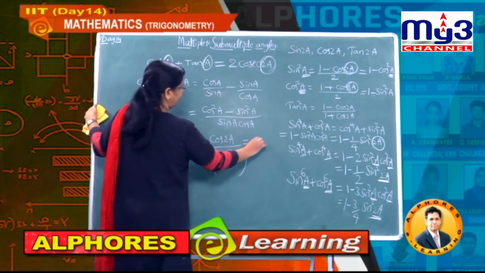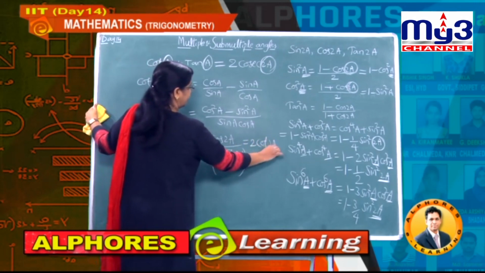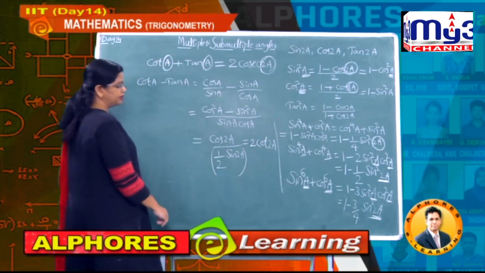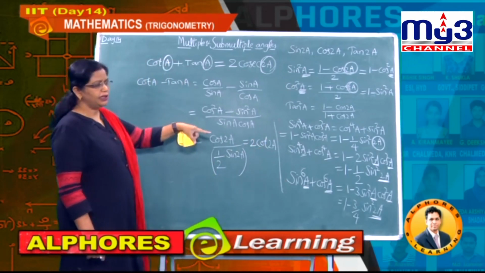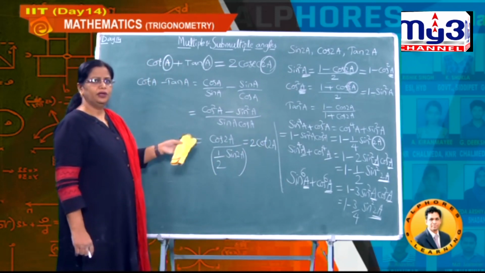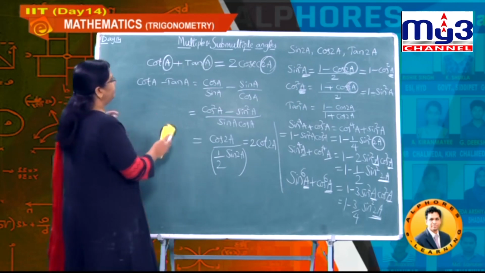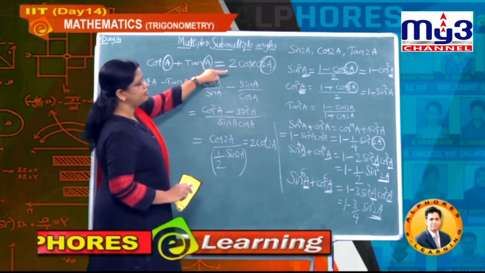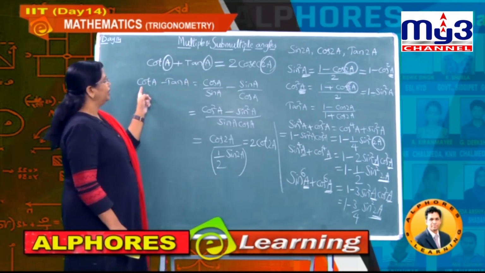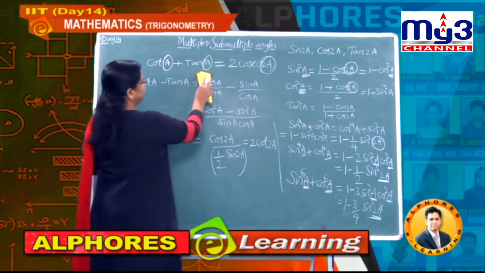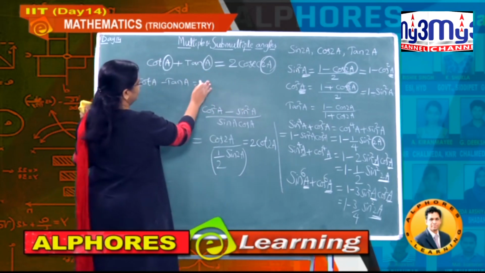Therefore you get the value as cos by sin, therefore it is cot. So cot A minus tan A is nothing but 2 cot 2A. Therefore cot A plus tan A is 2 cosecant 2A, and cot A minus tan A equals 2 cot 2A.